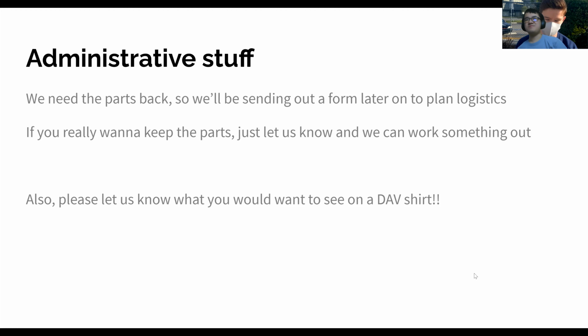But if you really want to keep the parts, let us know and we can work something out. Also, we're currently designing a DAV t-shirt. If you have any specific thoughts of what you'd like to see, let us know and we'll send those ideas over to our great publicity officer, Courtney, and she can get those designs going, preferably within the next week.